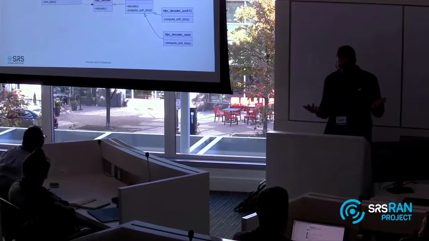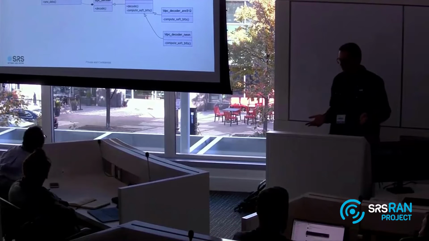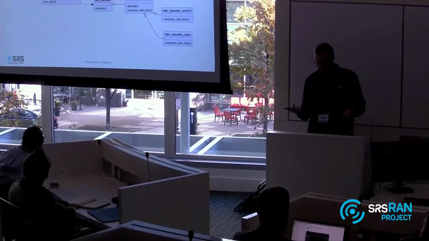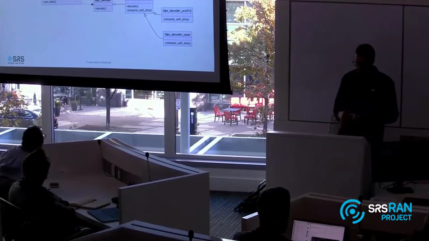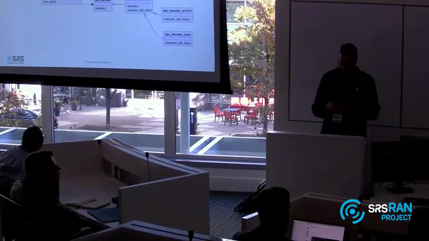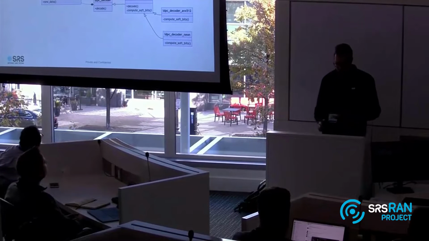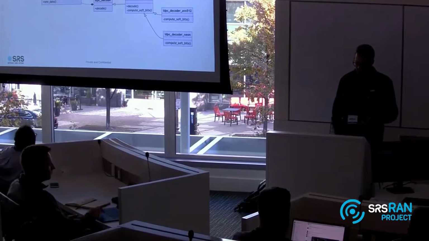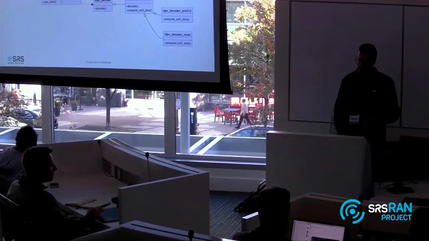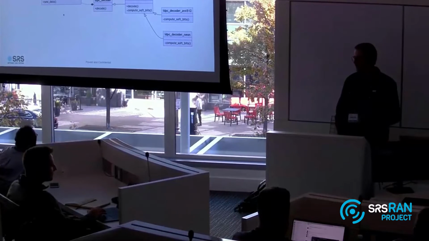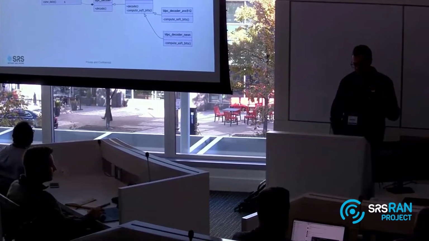So say that now you come here and you want to implement your own PUSCH decoder. You have different options. If you want to implement everything, the rate dematcher, the decoder, the equalization, everything, you just inherit from this interface and implement your own PUSCH decoder, and you call it my implementation.